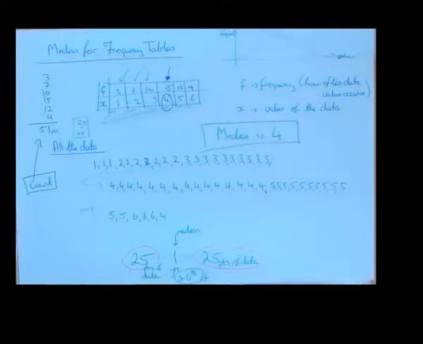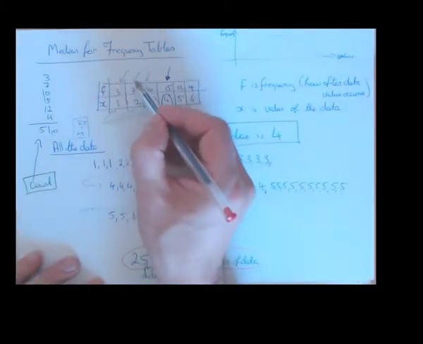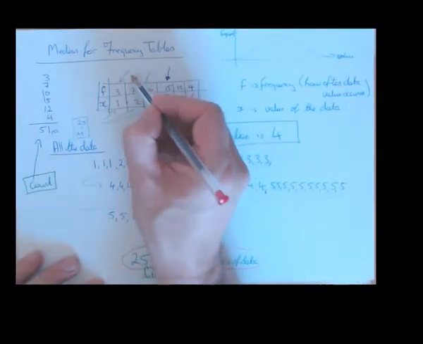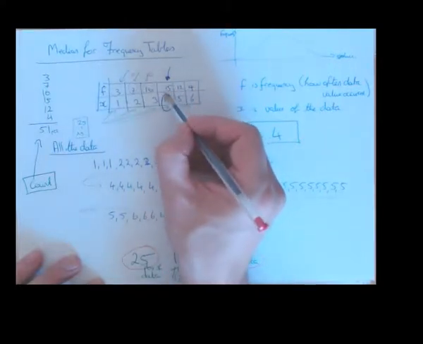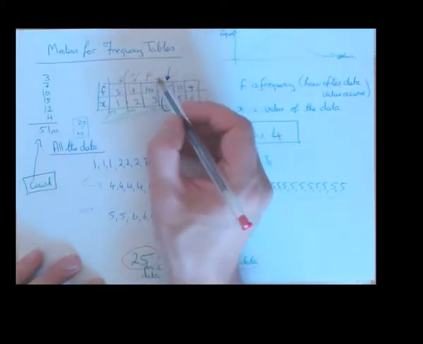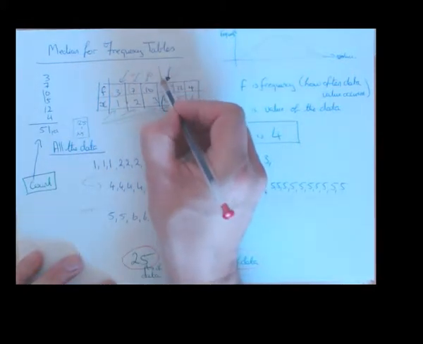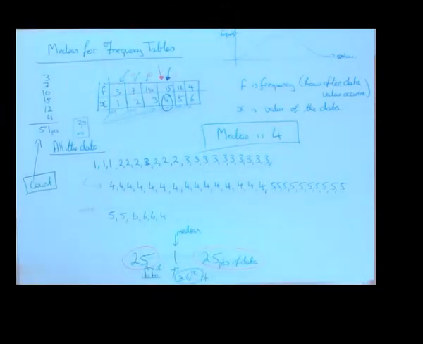So we want the 26th point of data, and we count through them. That's 3. That's another 7, so we've got 10 points so far. That's another 10, so we're at 20. Another 15 would bring us to 35. So we know for a fact that somewhere between the 20th and the 35th point is our 26th point of data. That is our median.